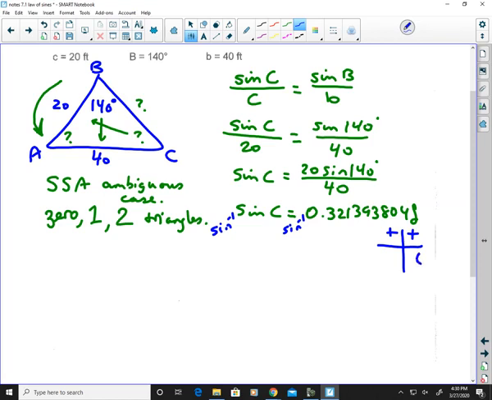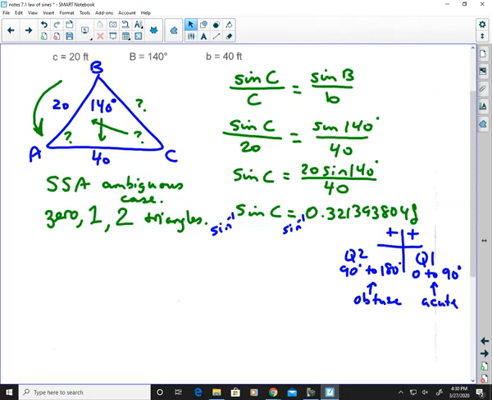In quadrant 1, you get answers from 0 to 90, not inclusive, and then in quadrant 2, you get answers from 90 to 180. And in a triangle, these could be your obtuse angles, and these could be an acute angle in a triangle.